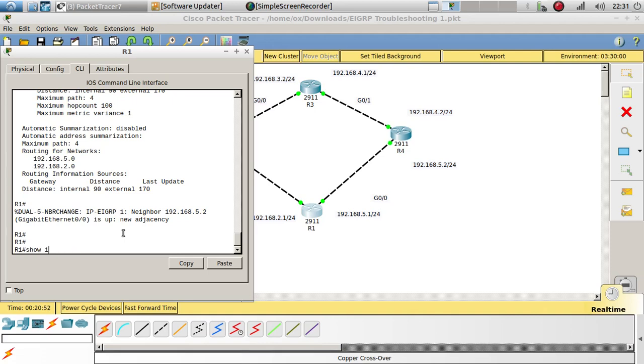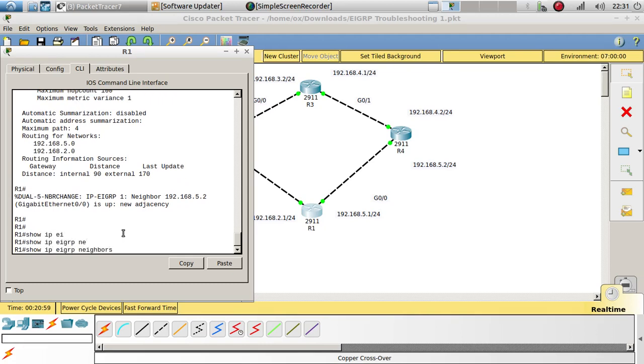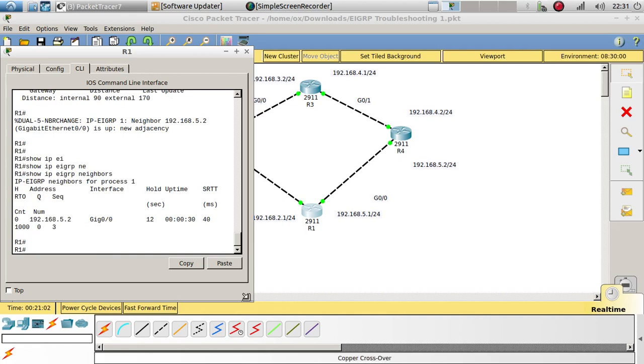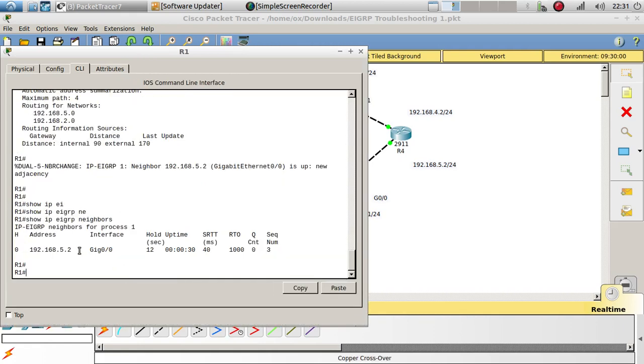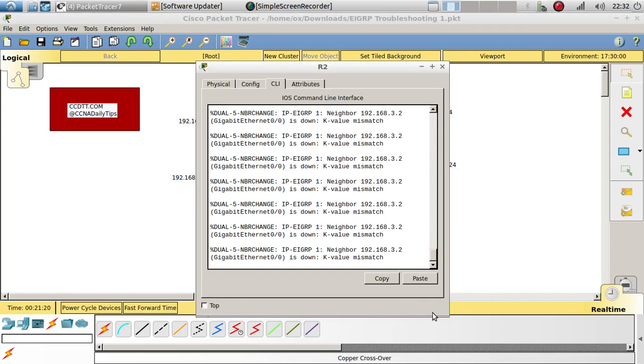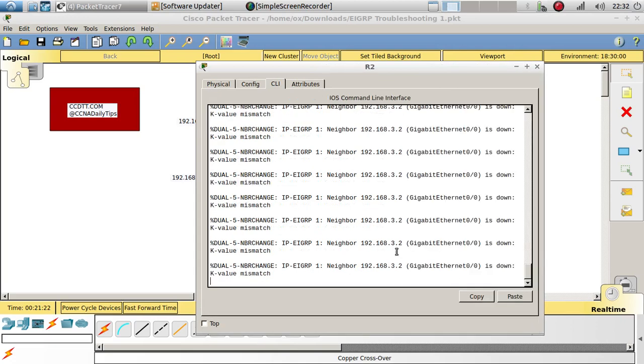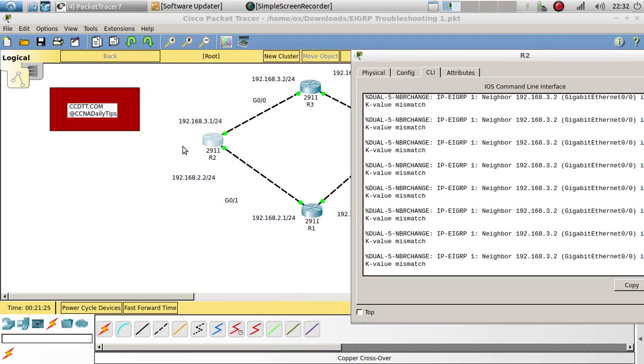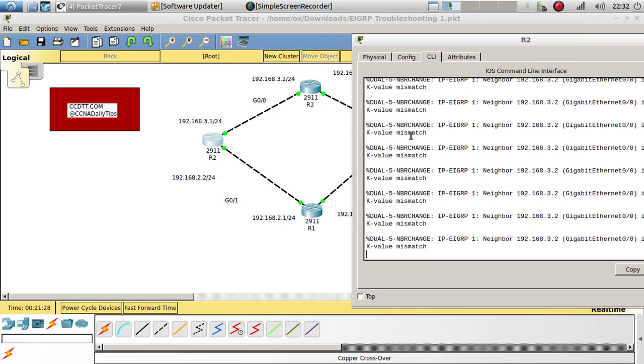So if we do show IP EIGRP neighbors, okay, so we see right here that we have a neighbor relationship with router 4 on gigabit 0/0. Okay, so we have formed a relationship with router 4, but we have not formed a relationship with router 2, and this one is also getting some K mismatch. So there's something going on between router 2, router 3, and router 4 that we're gonna have to fix.